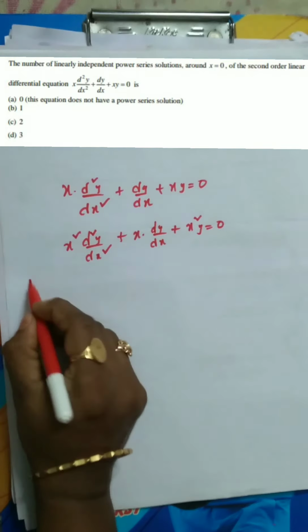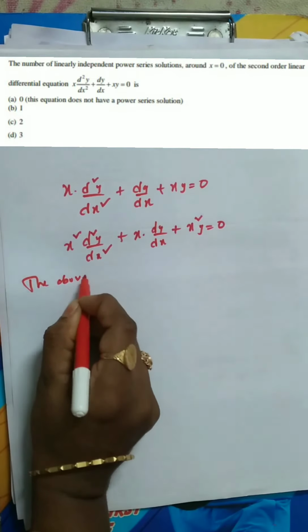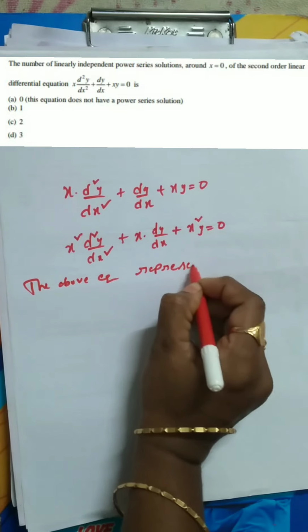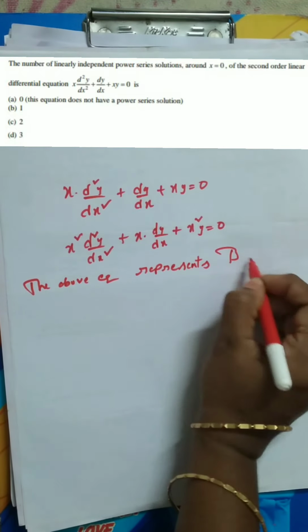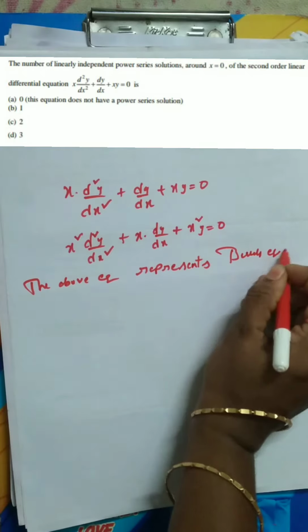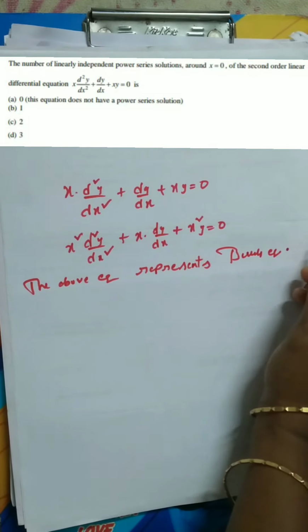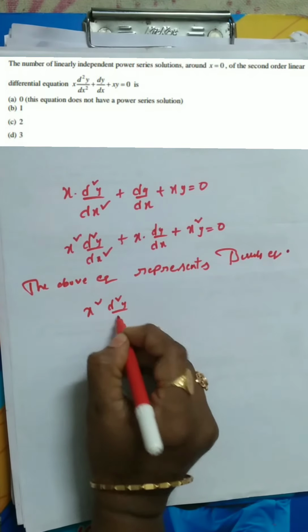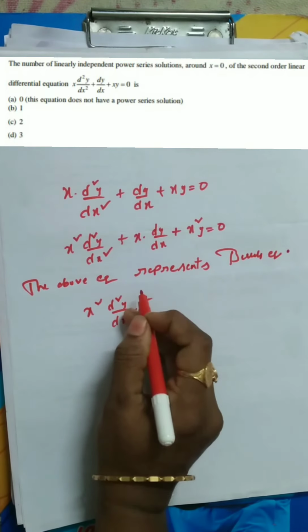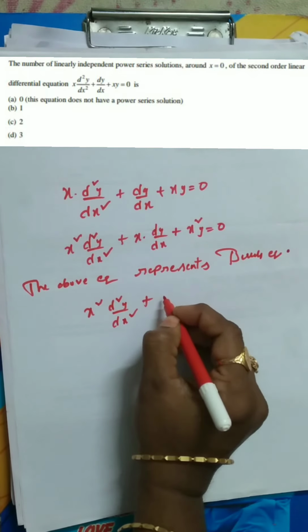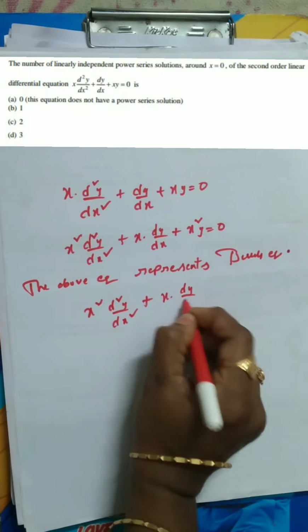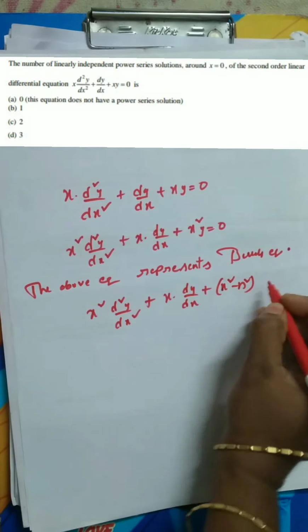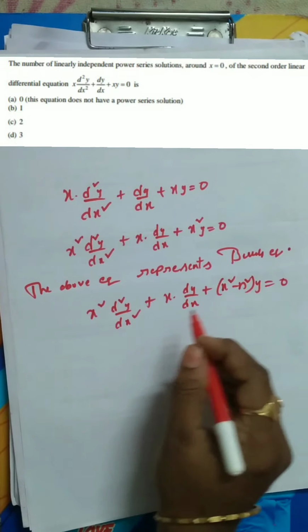This equation represents Bessel's differential equation. That is, Bessel's equation is x square d square y upon dx square plus x times dy upon dx plus x square minus n square into y is equal to 0.